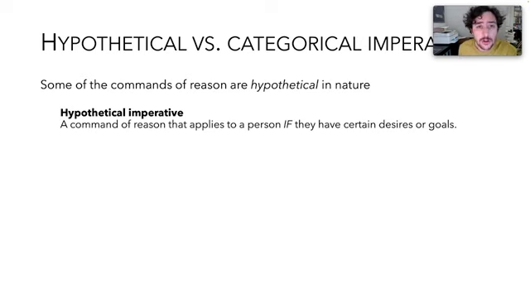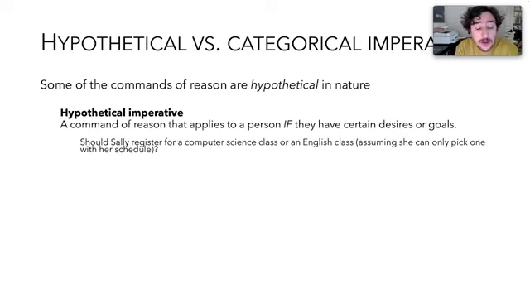Imagine a college student, Sally. She's trying to pick courses for next semester. We might say, well, what's rational for her to sign up for with her schedule? Now imagine that she can only pick either a computer science class or an English class. There's a conflict in her schedule where she could only pick one. Well, would it be rational for her to register for the computer science class or for the English class?